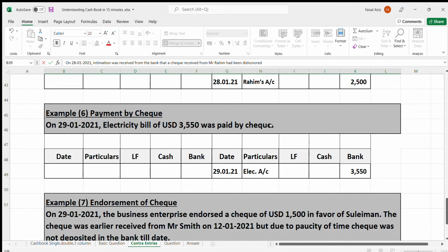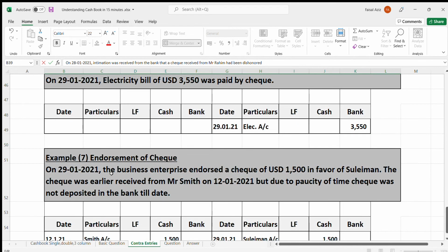The money will be taken out from our bank account, because this bill is paid in the form of a check. Since the money is going out from our bank account, it will come on the right side in the bank column.